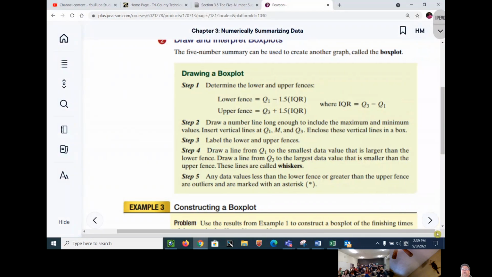Interquartile range is the third quartile minus the first quartile. Write that down. Then you multiply it by 1.5 to get your lower parameter.